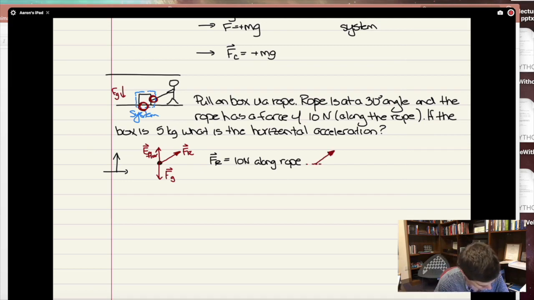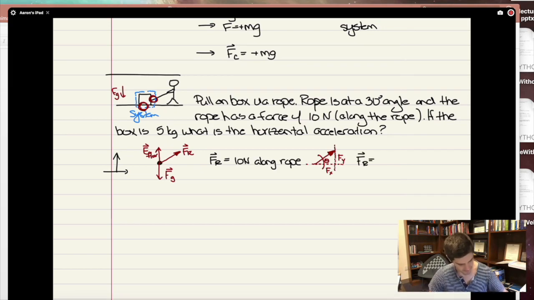But we're told that the rope makes a 45-degree angle with the horizontal. So that angle must therefore be, 30 degrees, makes an angle of 30 degrees with the horizontal. So there is therefore a y component and an x component for the force from the rope.